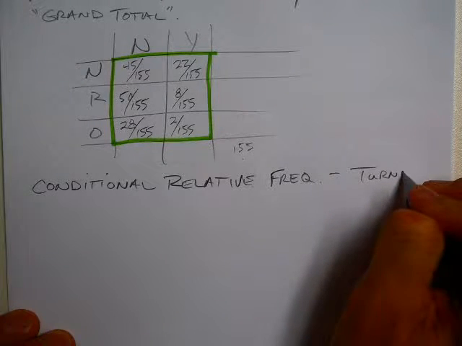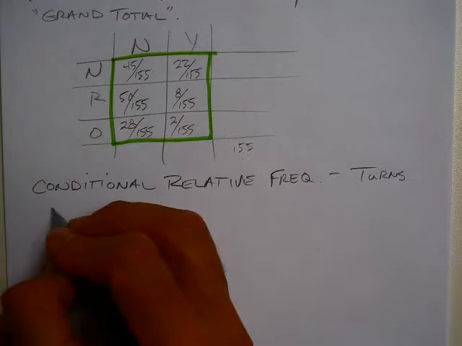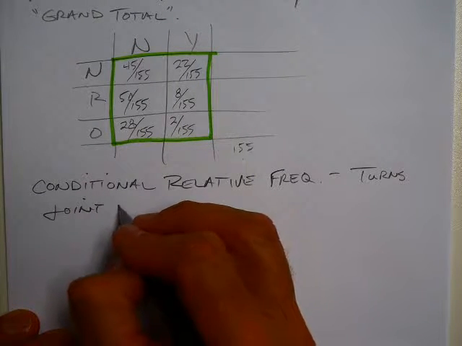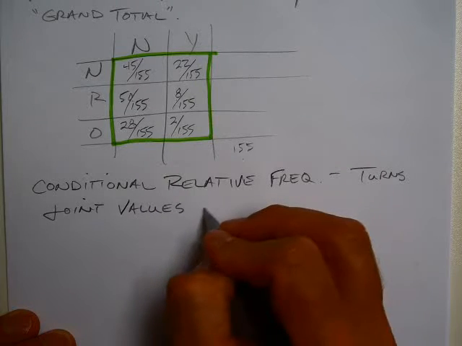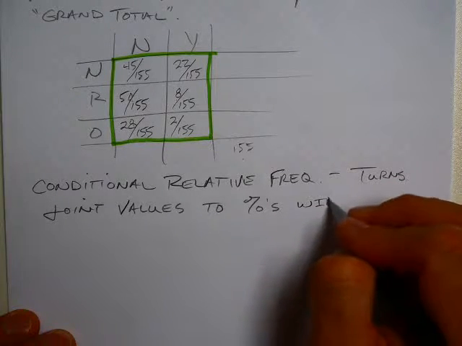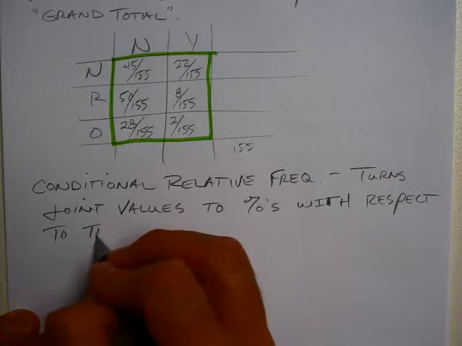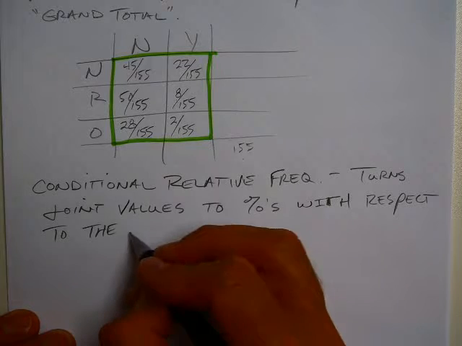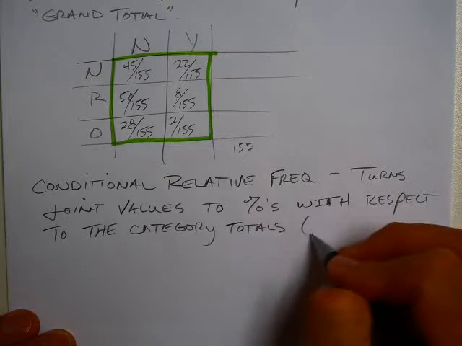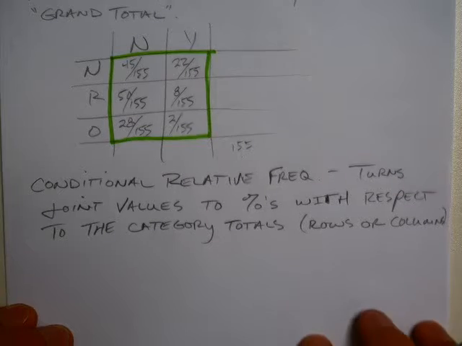It turns joint values to percents with respect to the category totals, rows or columns.